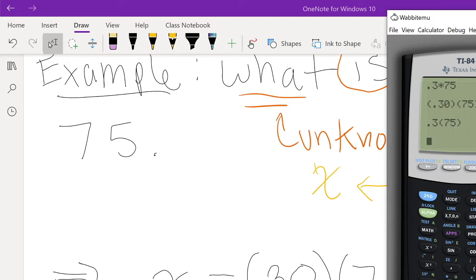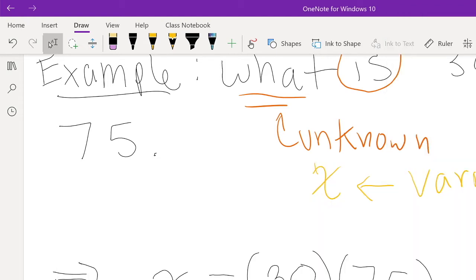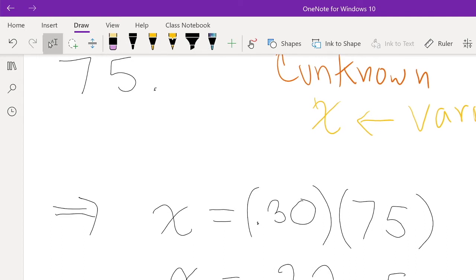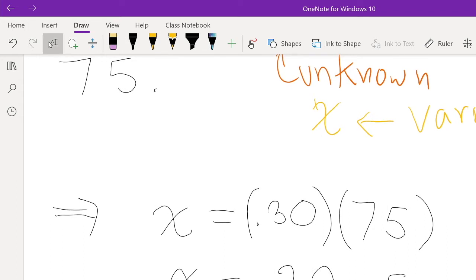Any one of those calculations is equivalent. So now we go back and say x is equal to 22.5. And that is a basic percentage problem.